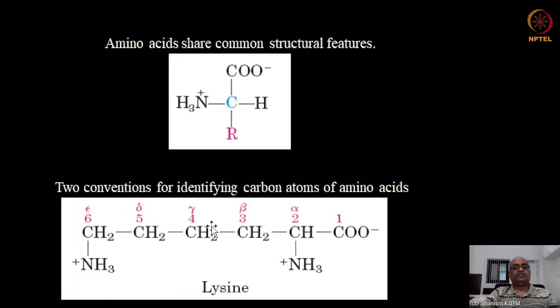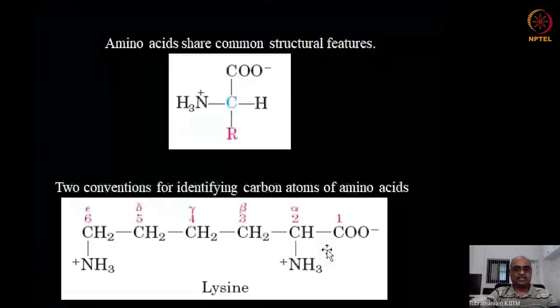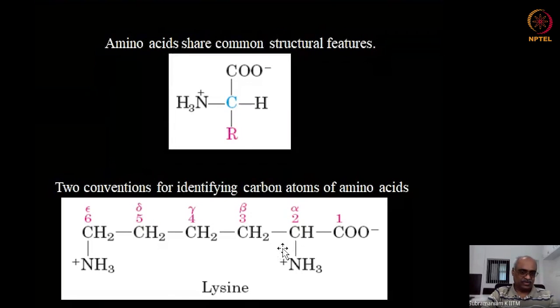You have 1, 2, 3, 4, 5, 6, where one is the carboxyl carbon, and an older convention that is still continuously used. For example, structural biologists will always refer to this as the alpha carbon. They'll say C alpha bond and N C alpha bond. So when they say this, alpha is this carbon.